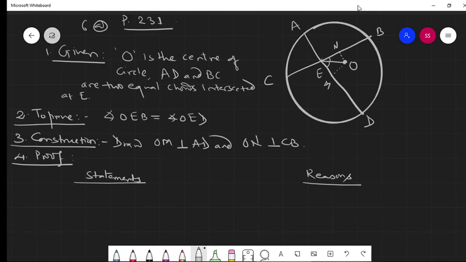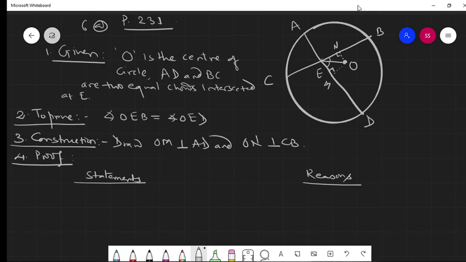Now first of all I will highlight the solution of this. Angle M and angle N are 90 each, as OM is perpendicular to AD and ON is perpendicular to CB. So that is R. OE equals OE, that is the common side, H. And OM equals ON, since equal chords are equidistant from the center.